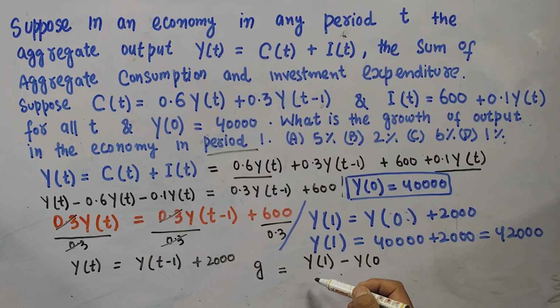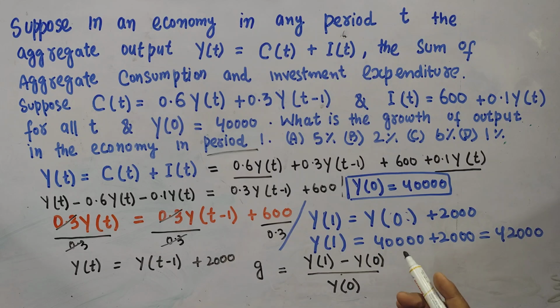If I say this is the output in the time period 2026, then this shows us output in the time period 2025, divided by y0. This is the formula for calculating the growth. So growth rate in a year is equal to the output in this year minus the output in the preceding year, divided by the output in the preceding year.